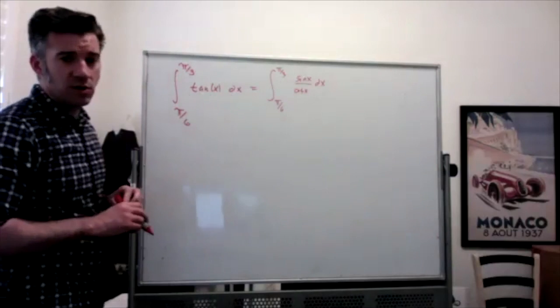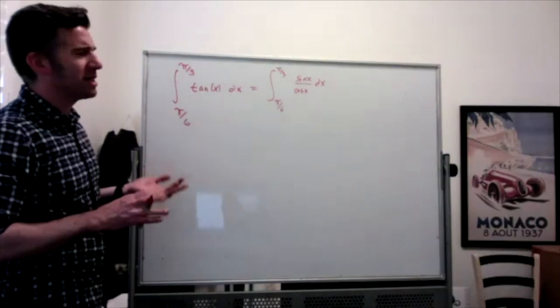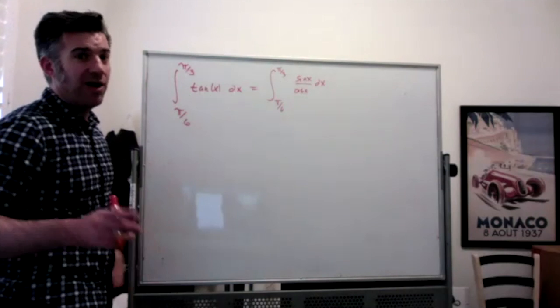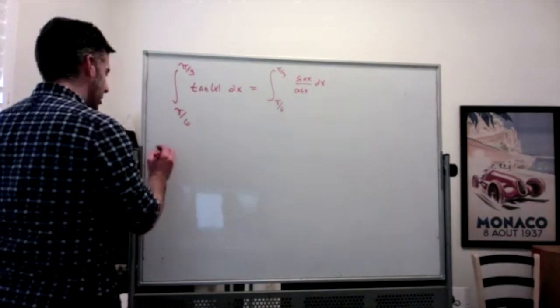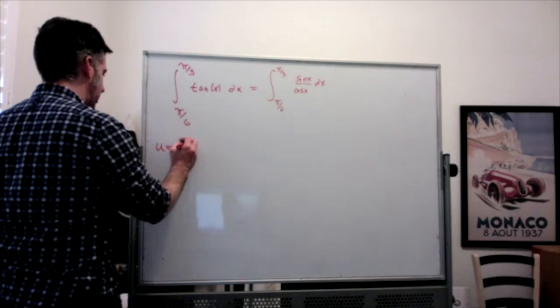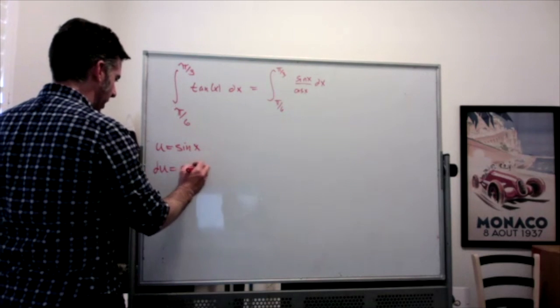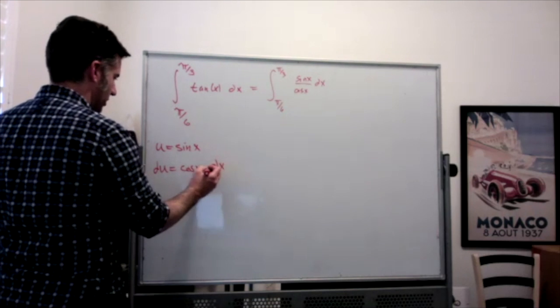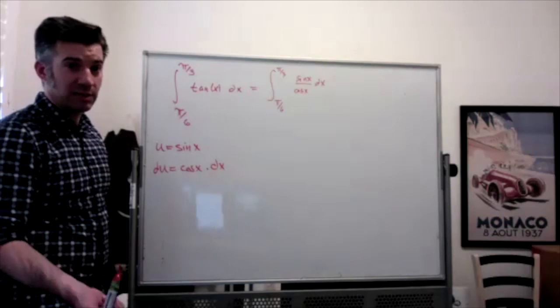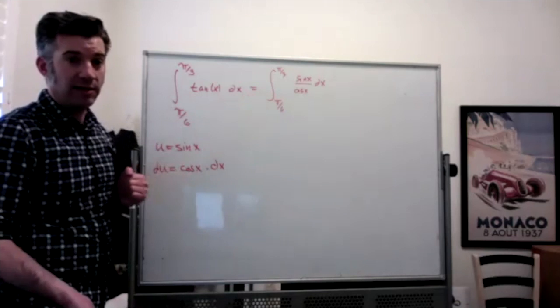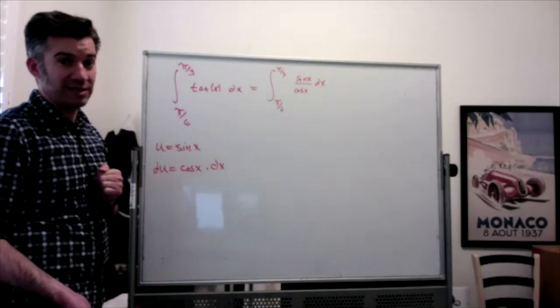So let's say we chose u equal to sine. Often people are like, oh, let's pick sine because its derivative is positive. Well, sine's not going to work. If you pick u equal to sine of x, your du is cosine of x times dx. And I want to be very, very explicit: we don't have cosine of x times dx.